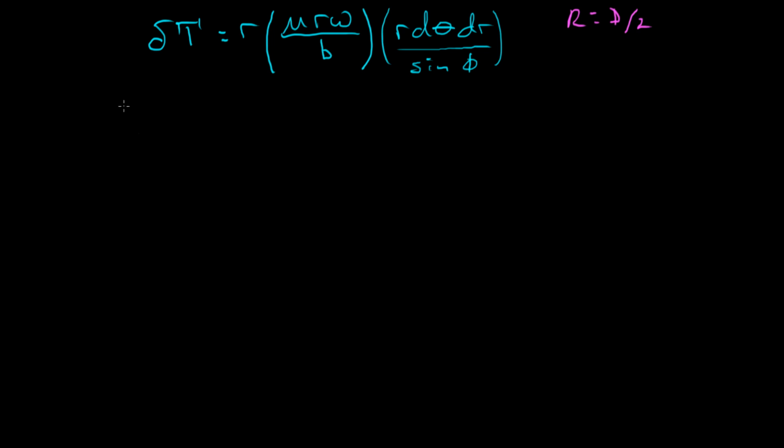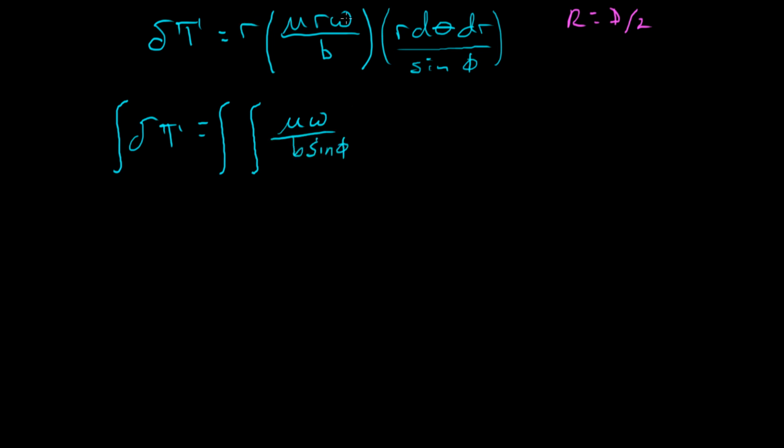We do need to integrate this thing. And so on the left-hand side, we integrate our differential torque, and on the right-hand side, we're going to have a double integral because we've got a dr and a d theta. I'm just going to collect the like terms here so we can make it mu omega over b sine phi.